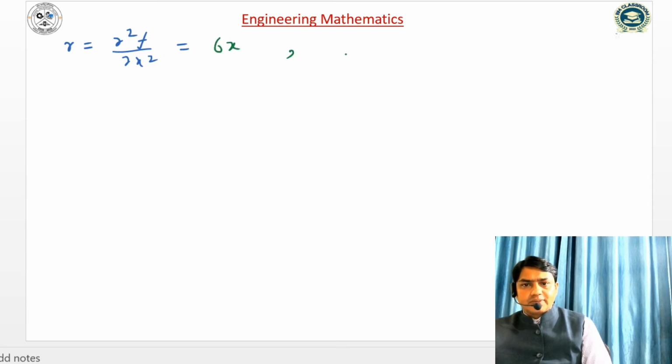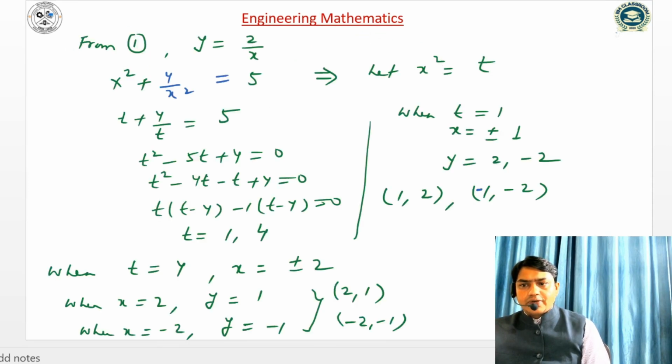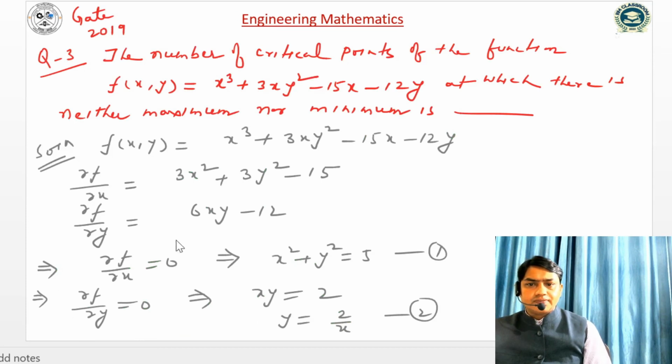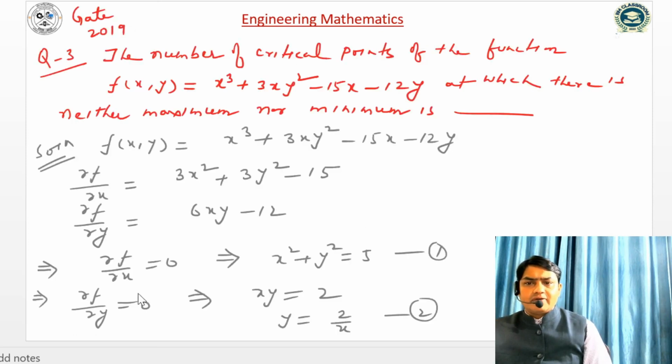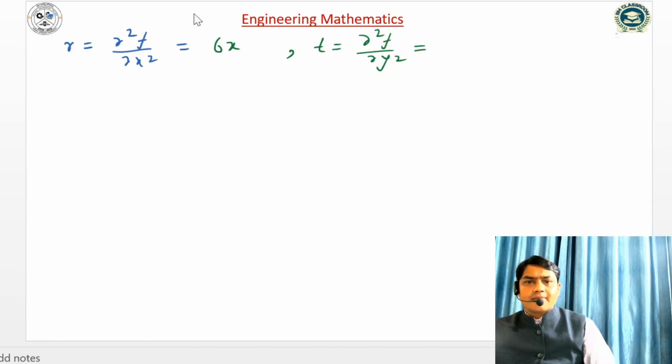Similarly, T is del 2f by del y square, which is 6x.